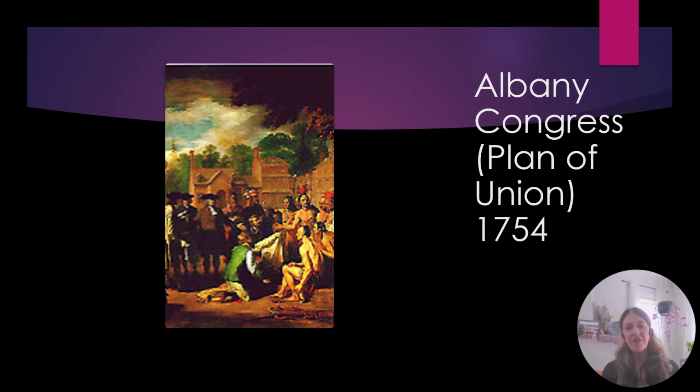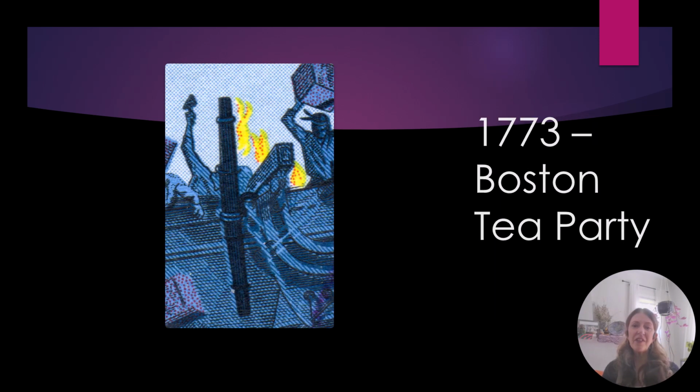At the 1754 Albany Congress, or the Plan of Union, you can see that there were indigenous representatives, Haudenosaunee and Huron, there to witness, but also to counsel and advise. And of course, the 1773 Boston Tea Party, where the colonists rose up against England and threw the tea into the harbor, saying no taxation without representation.